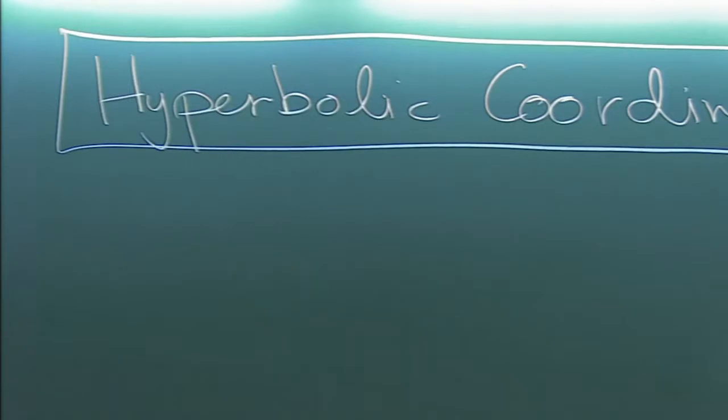So for the moment, let's just assume we have some map phi from R2 to R2.